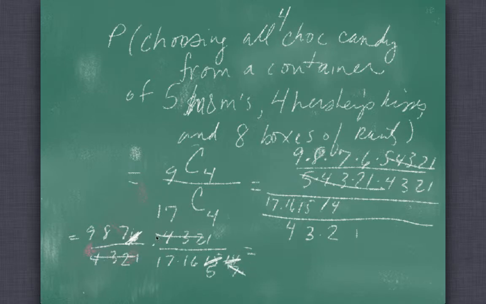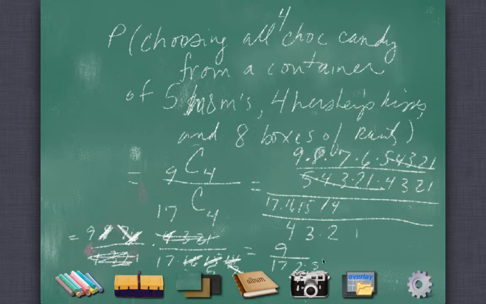And then I can get rid of 7. 16, I can write a 2 and get rid of the 8. Okay, so I have 9 over 17 times 2 times 5. 9 over 170.